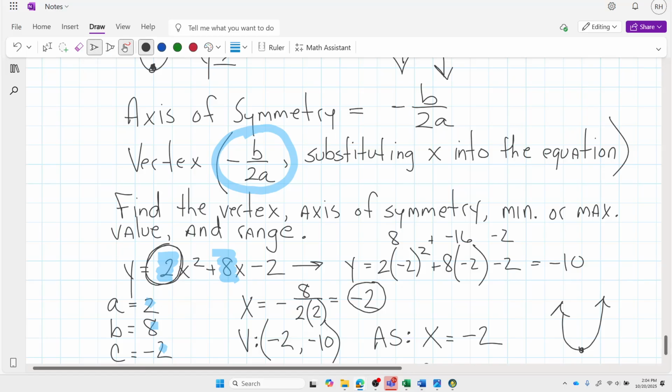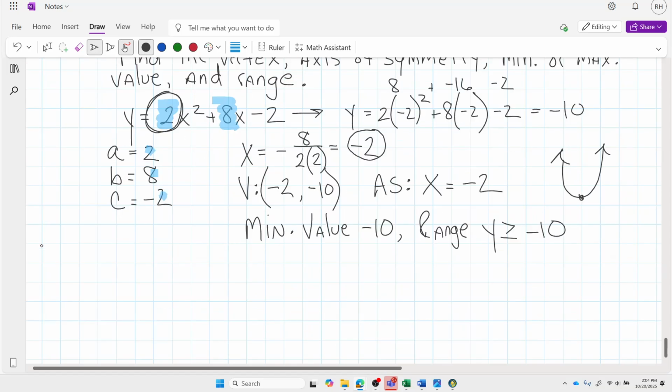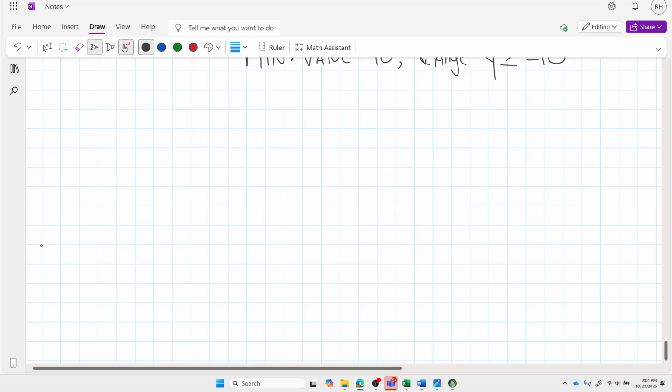All right, so let's do one more of these. We're going to find those same 4 things, but now our equation is y is equal to negative 3x squared minus 4x plus 6. All right, so what's our a?